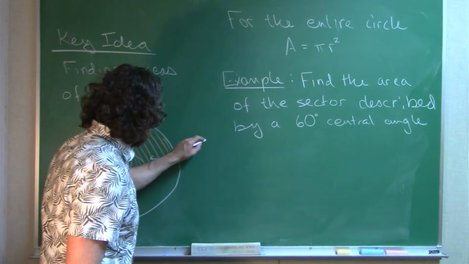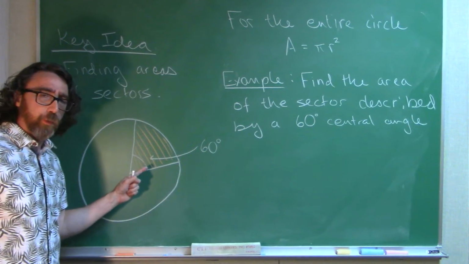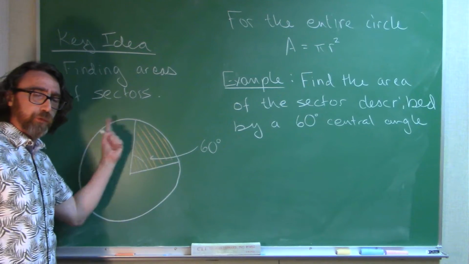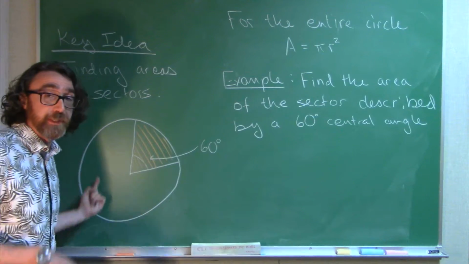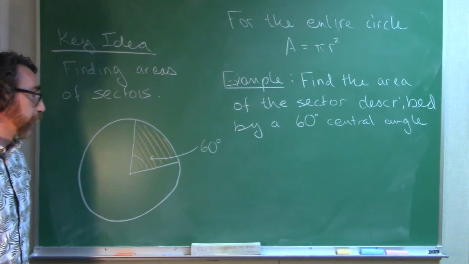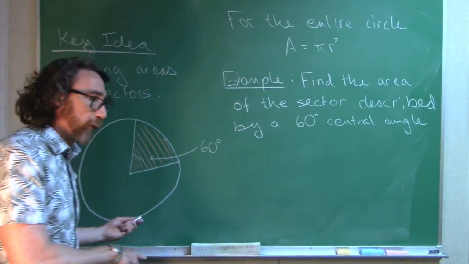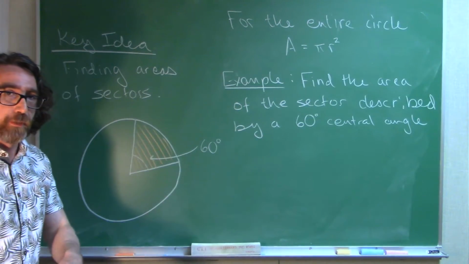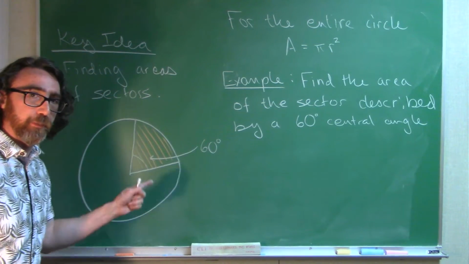Okay, so let's imagine that is 60 degrees. So if I go around the one full revolution, in other words 360 degrees, I'd get the whole circle, pi r squared. Okay, but I've only gone around 60 degrees, so the area of the sector should be proportional to how far I've gone around.